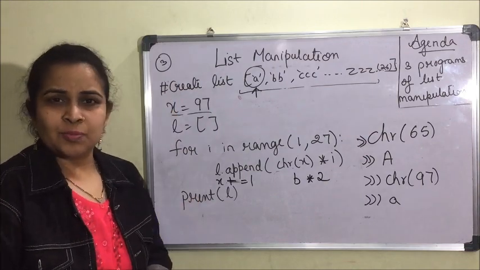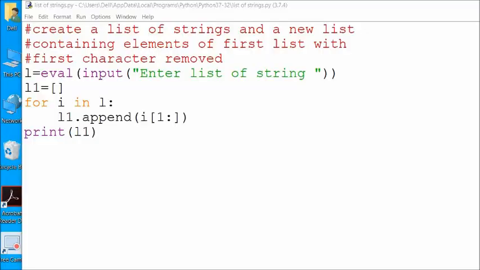I'll demonstrate all these programs on my laptop. So my dear students, this is the first program. As I have already explained, it will remove the first character of each string in the list.